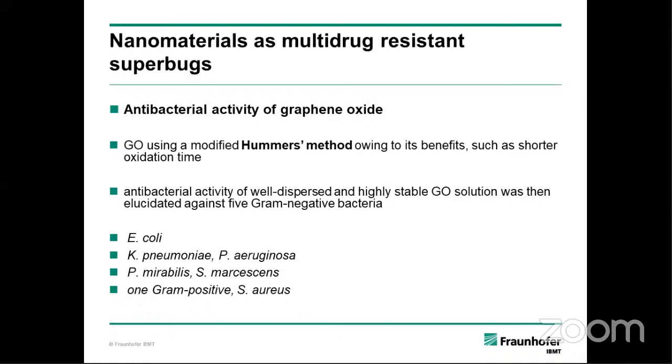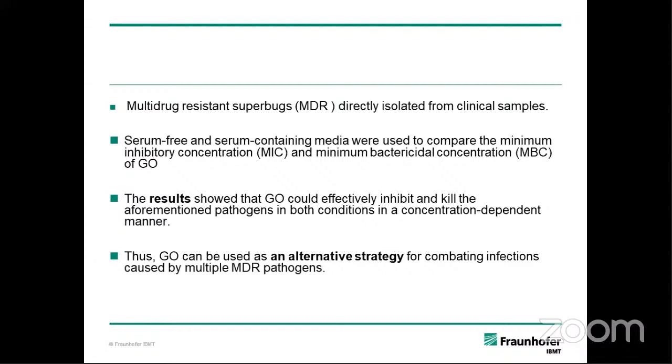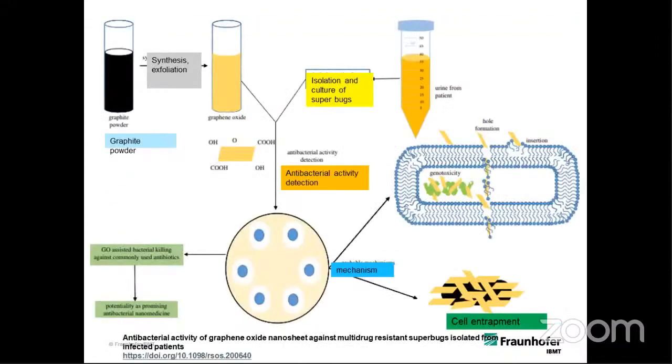Again, there was another strategy. They used graphene oxide sheets against E. coli, Pseudomonas aeruginosa, and Staph aureus. They produced the graphene powder, which had these graphene oxide sheets, and then they took isolated cultures of the superbugs, mixed them, and looked for the antibacterial effectiveness of the graphene.